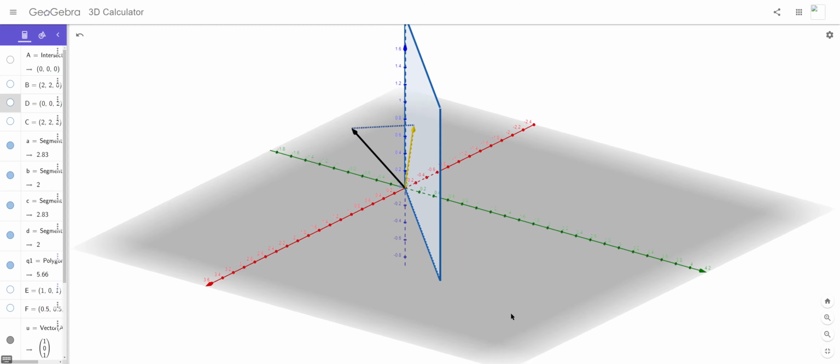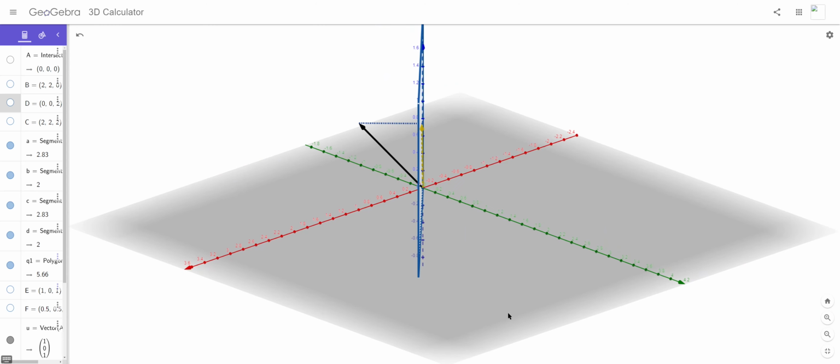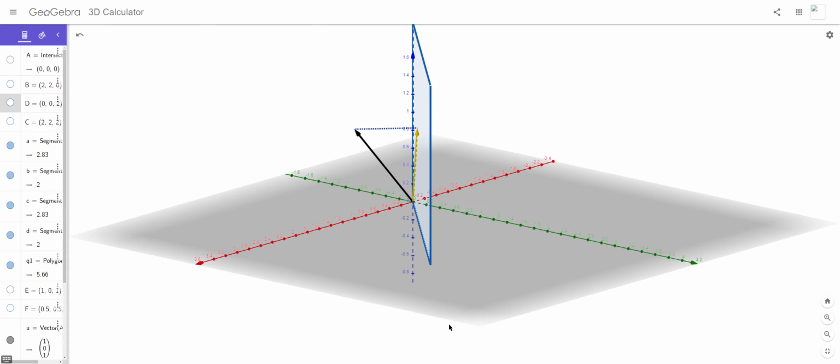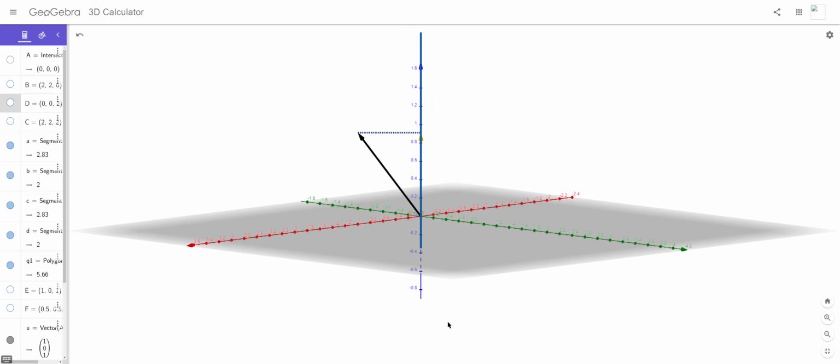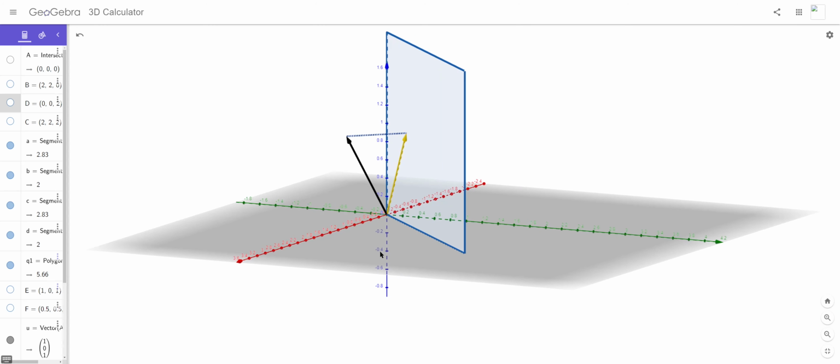It's contained inside the plane. So what I want is a projection of a vector v, but now into a subspace that isn't necessarily one-dimensional. It could be two-dimensional or higher.